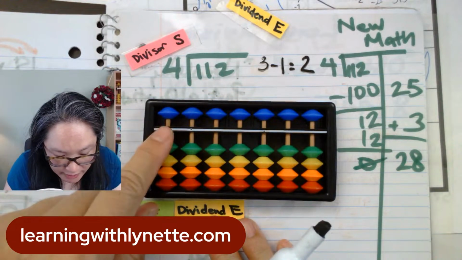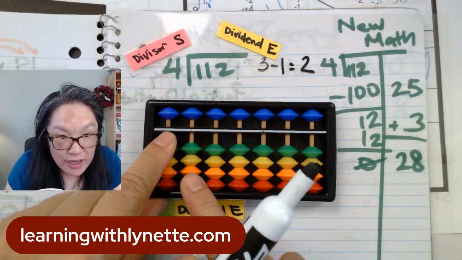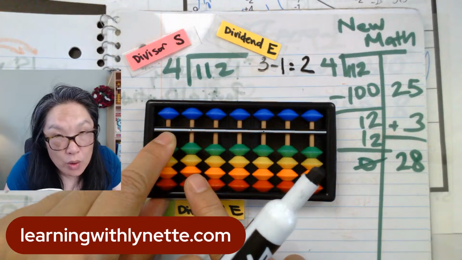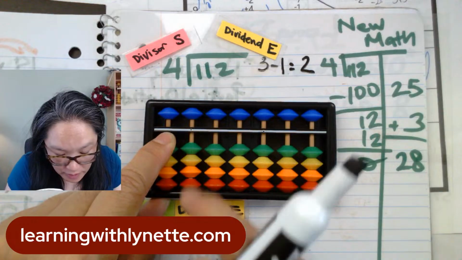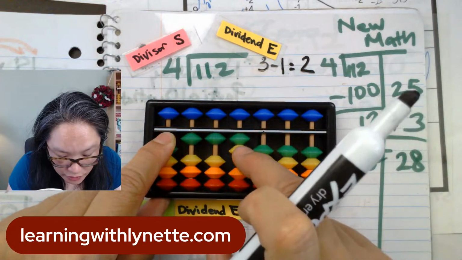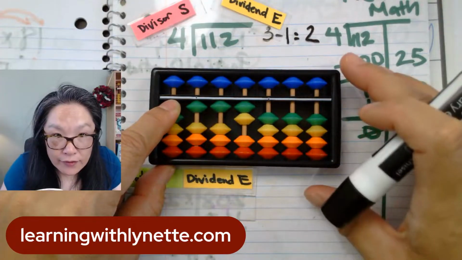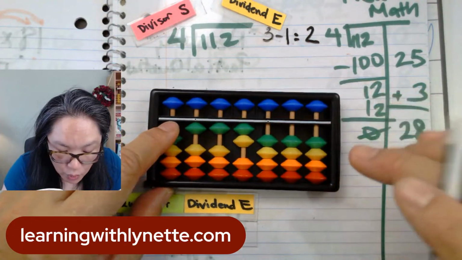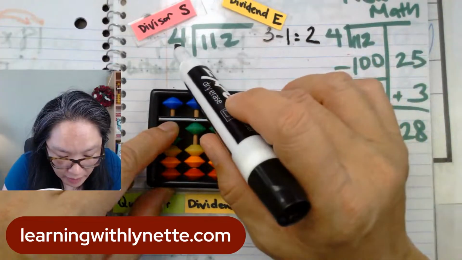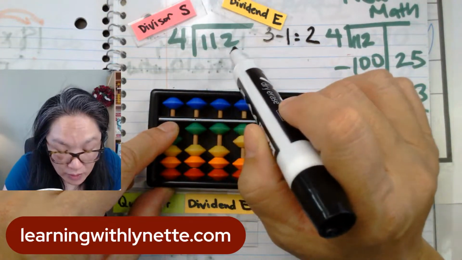Because I have my quotient here, I'm going to put my dividend on my abacus to help me track my quotient and to do my subtraction. So I have 1, 1, 2. Now, the first thing we're going to do is compare. We're not going to compare 4 and 112.